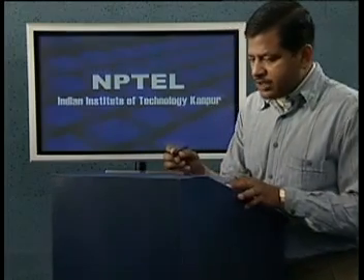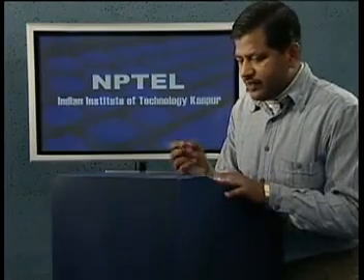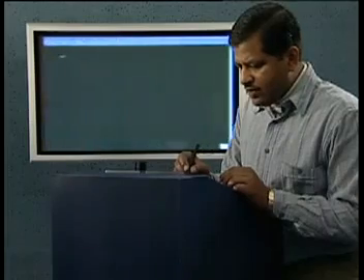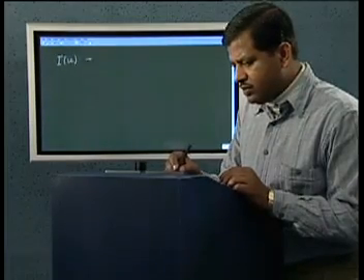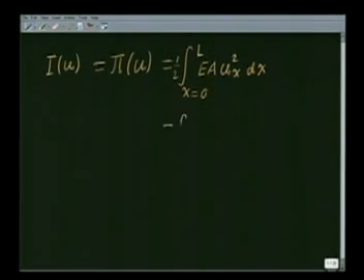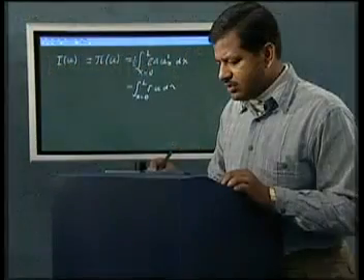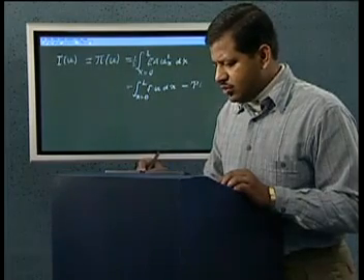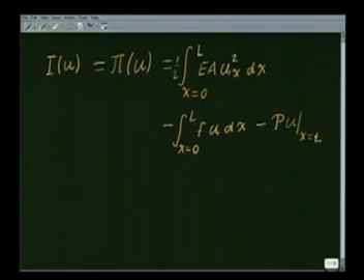So corresponding to the model problem that we have introduced, let us rewrite the functional that we are interested in, that is, I(u) is equal to pi(u), which is equal to, in this case, the integral from x equal to 0 to L of half EA (u comma x) whole square dx, minus the integral from x equal to 0 to L of f u dx, minus P u evaluated at x equal to L. This is our functional.